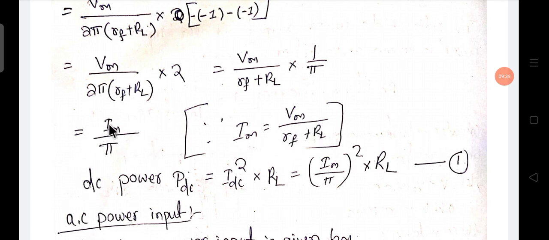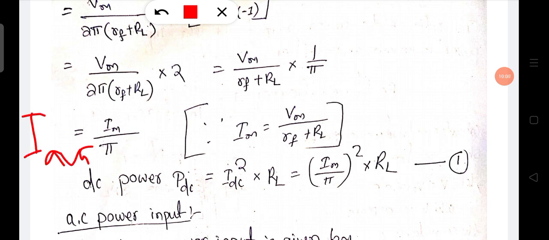So here Vm by Rf plus Rl is Im, and with 1 by pi we get Im by pi. And this is the DC power, this is what, the average current, I average, or IDC.